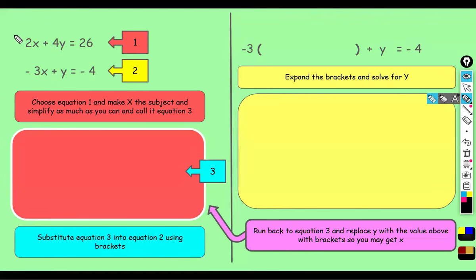Now, in this question, I gave you the instructions. You're going to choose equation 1 again, and you're going to start off with making who the subject? X. And see how far you can reach on your own. Like I said, I don't care if you get it wrong. I just need you to try. I've given you a 2 minutes head start.